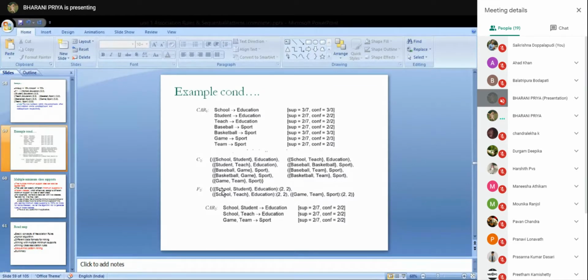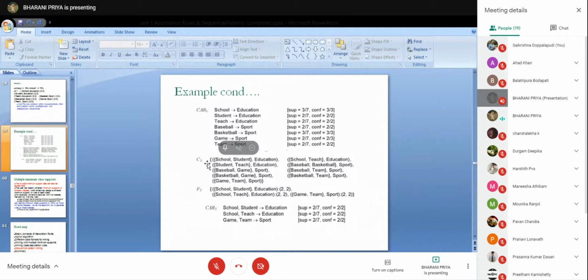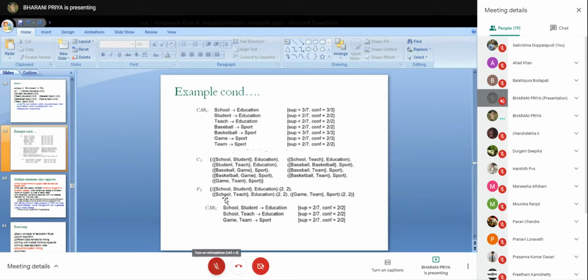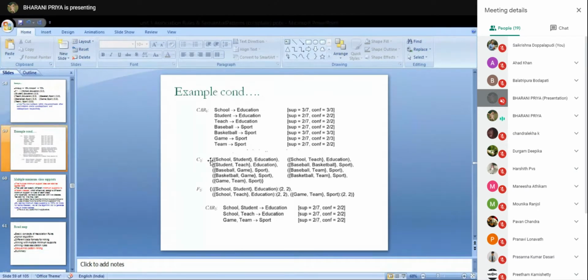So from this C2, the candidate generation at level 2, I got frequent items F2. All that are not satisfying the minimum support are pruned. Are C2 and F2 clear? So from F2, again, what are CAR1 and CAR2?